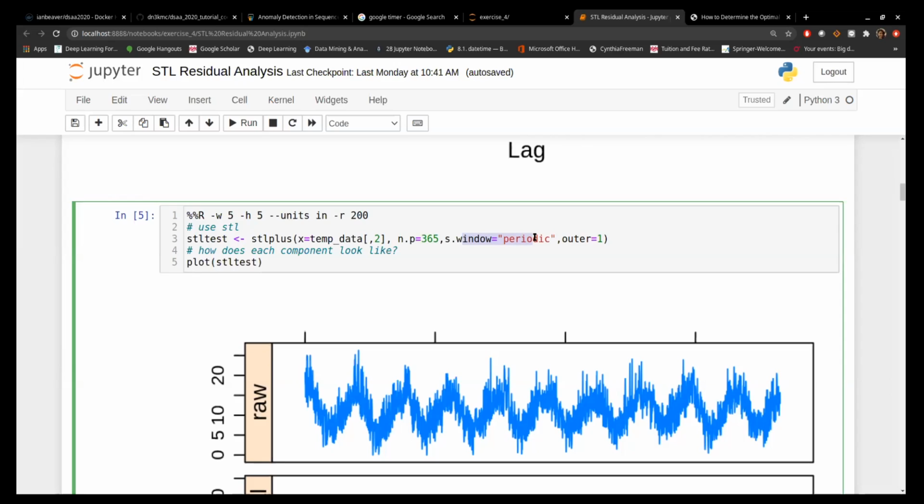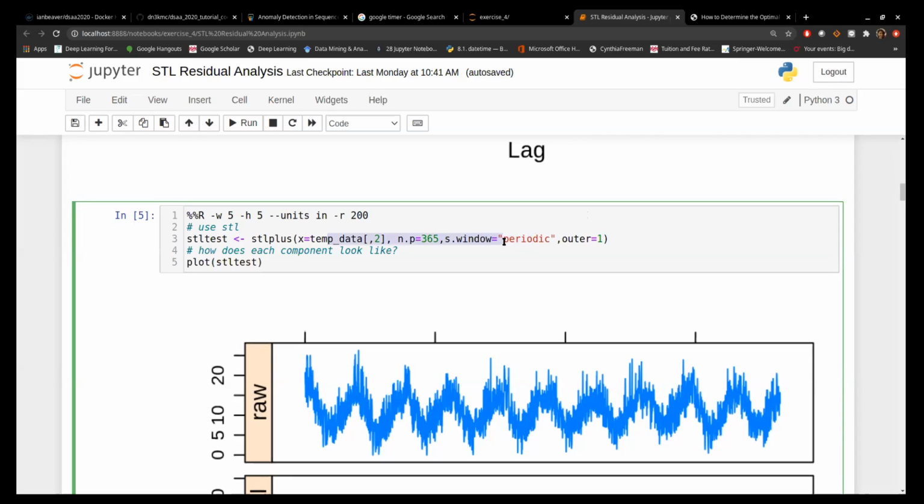And that's because, you know, this is temperature in Australia, and I think that's going to be pretty constant over the years. For more details on how to determine s.window in cases where you think there might be more seasonality changes, it's worth reading over that Cleveland paper in my slides, which shows how one can actually calibrate s.window. And due to time, we're not going to go over that portion.